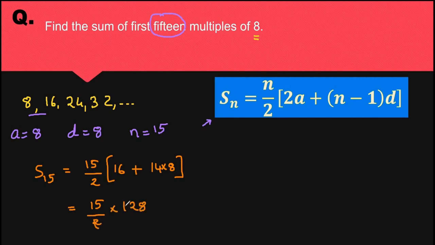So we can cancel this even number by 2, that is 64. So 15 times 64 gives the answer as 960. The sum of the first 15 multiples of 8 is 960.